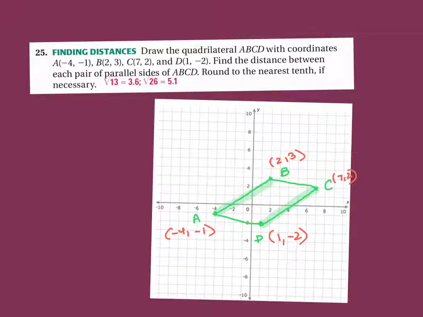So I can go up 1, 2, 3, 4, right 1, 2, 3, 4, 5, 6. So the slope of that side is 4/6 or 2/3. And then I can count the other side. I can go up 1, 2, 3, 4. That's 4 again, right? 1, 2, 3, 4, 5, 6. That's 6. That's 4/6 again, 2/3. So I know these are parallel.